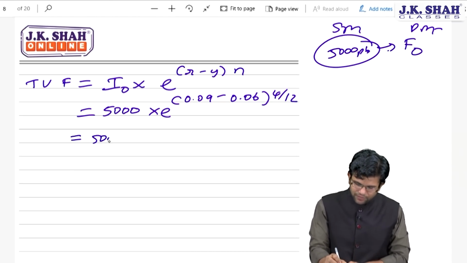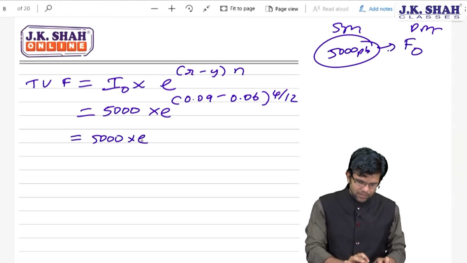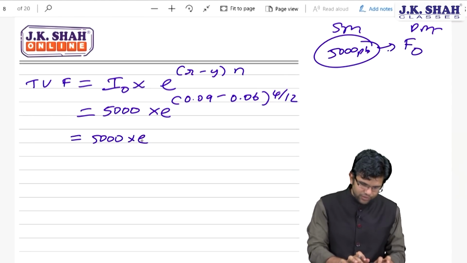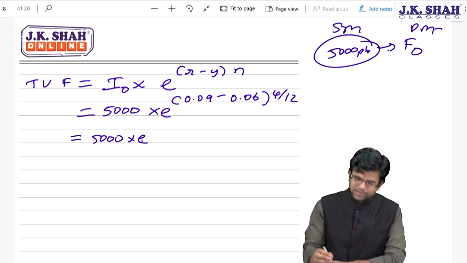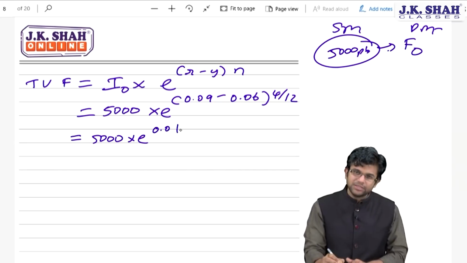So which is equal to 5000 into e raised to, so it is 0.09 minus 0.06 into 4 divided by 12, that is 0.01, e raised to 0.01, correct?